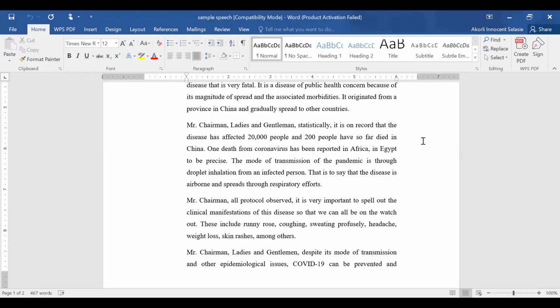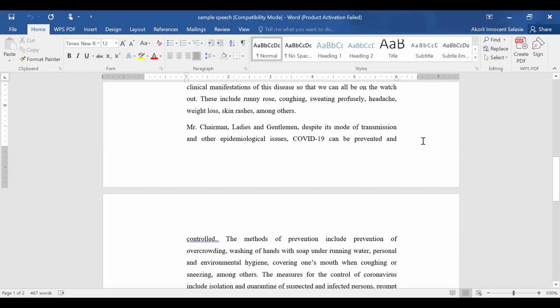Mr. Chairman, ladies and gentlemen, despite its mode of transmission and other epidemiological issues, COVID-19 can be prevented and controlled. The methods of prevention include prevention of overcrowding, washing of hands with soap and running water, personal and environmental hygiene, covering one's mouth when coughing or sneezing, among others.